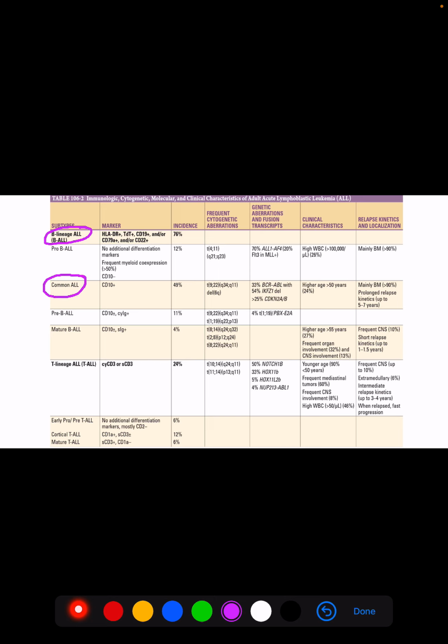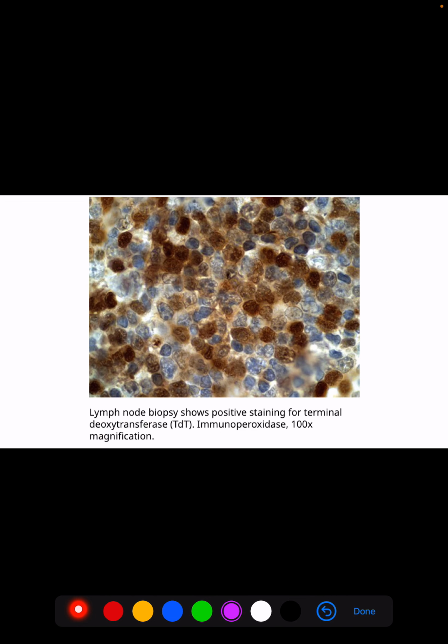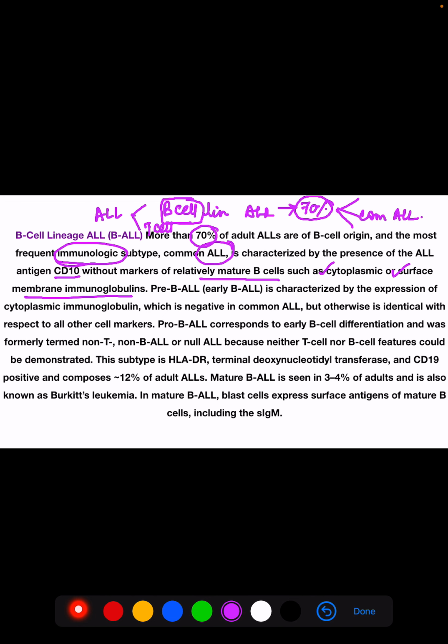In common ALL, which marker is positive? CD10 is positive. This common ALL will have antigen CD10, but there won't be markers of relatively mature B cells such as cytoplasmic or surface membrane immunoglobulins.